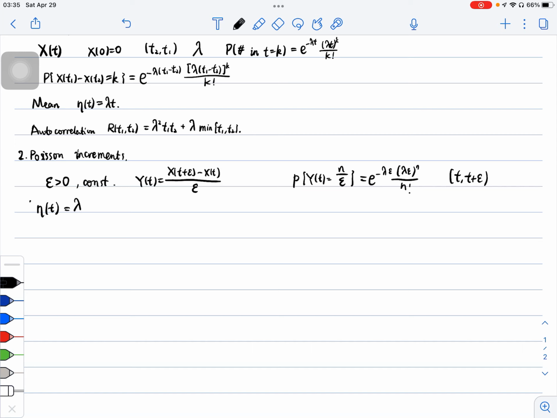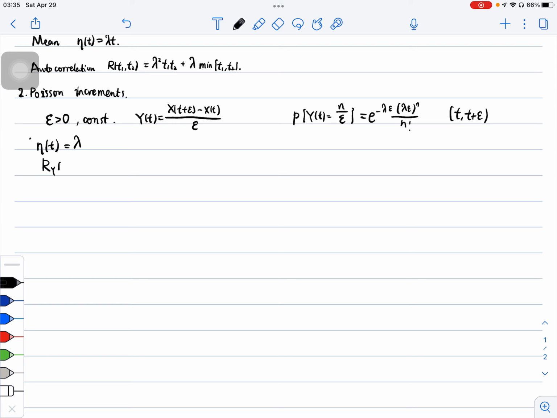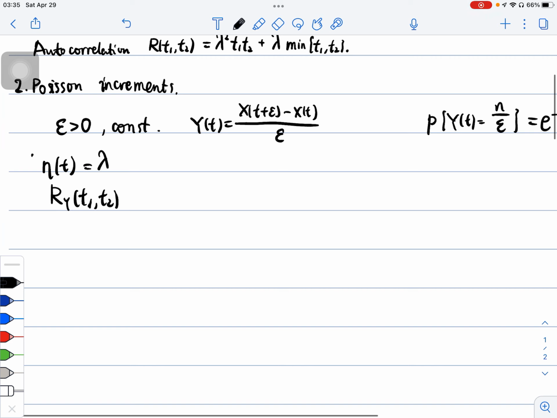And if we consider the autocorrelation, we should consider whether the time interval t1 to t2 is outside the range of epsilon.